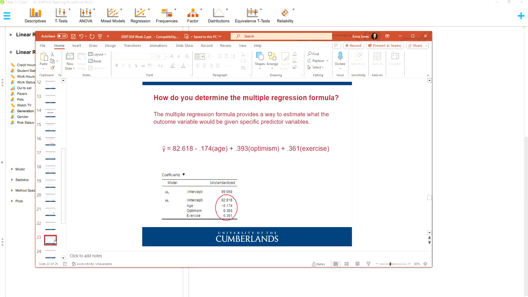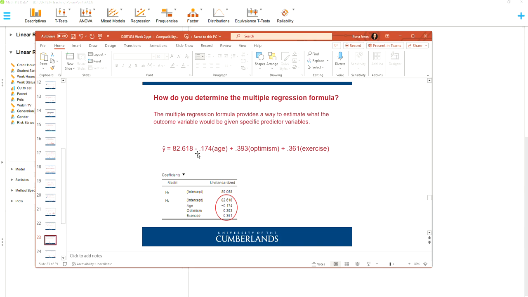So going here, remember that y hat in this case is the response variable, your midterm grade, and that's equal to 82.618 minus 0.174 age, plus 0.393 optimism, plus 0.361 exercise. Obviously I put them in a different order here.